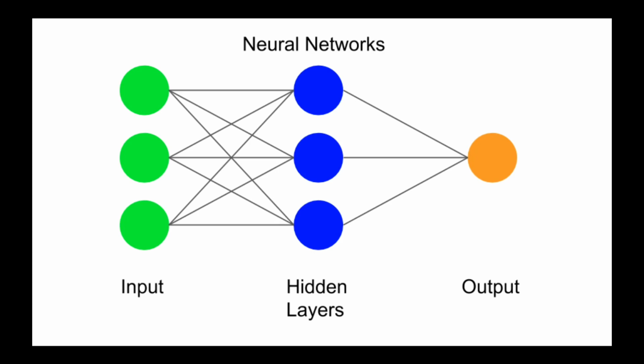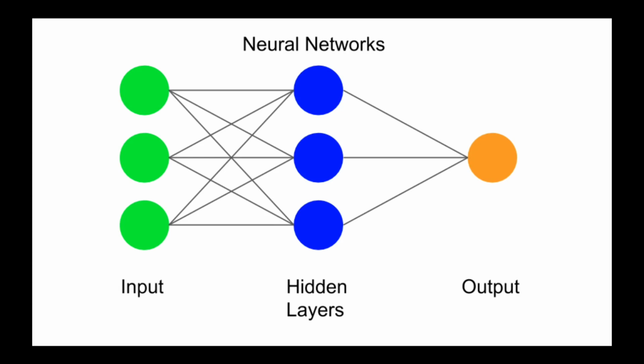The hidden layers are the actions themselves, and they work by using the values that are given by the inputs. Then after the action has taken place, all those values will be put into the output, and that is what is given out of the neural network.